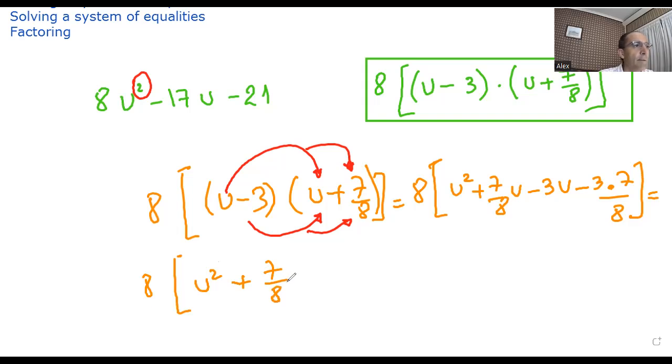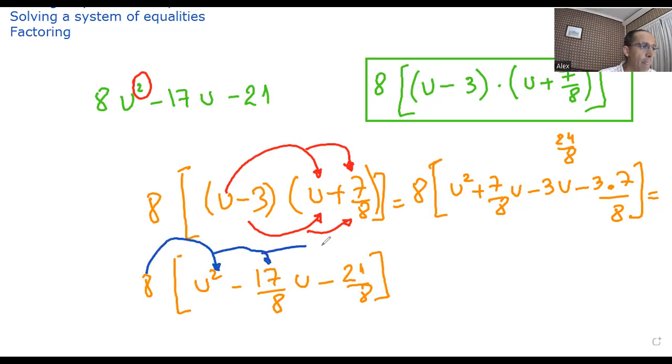This 3 could be regarded as 24 by 8. So we have a 7 minus 24 would be minus 17. This will be minus 17 by 8u minus 21 by 8.